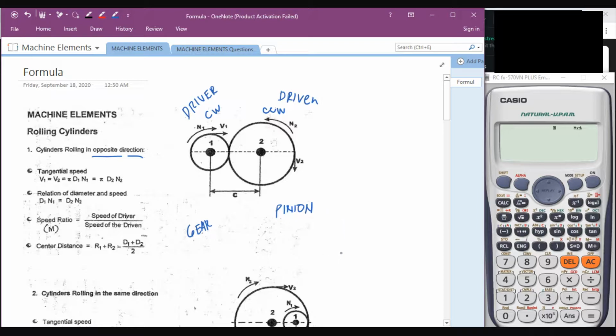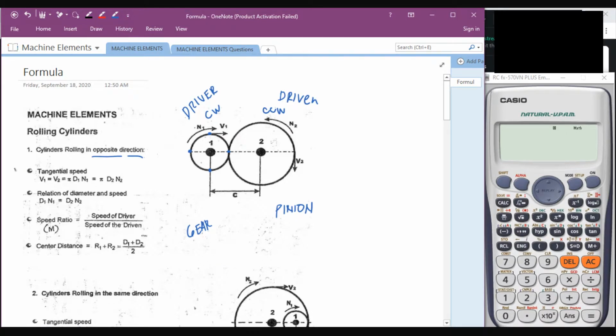Now, when we are talking about rolling cylinders, at one point on their circumference, you can measure a speed. In a single point on the outer boundaries of your rolling cylinder, you can measure a speed, and we call that the tangential speed.